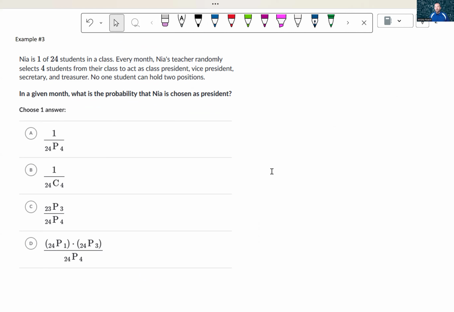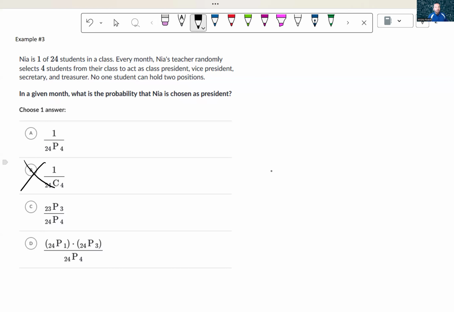Because those are different, we're dealing with permutations. The order does matter here. Even though Nia and Bob both got picked for something, it's still a different outcome if Nia is president versus if Bob is president. Okay, so now we know we're dealing with permutations. So we can actually cross off answer choice B because that has combinations on it.